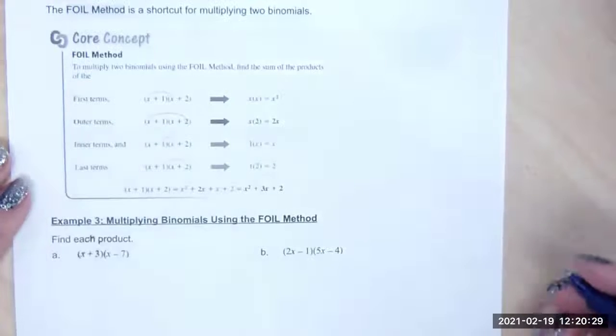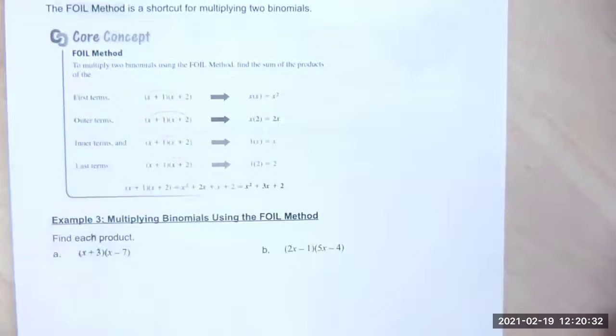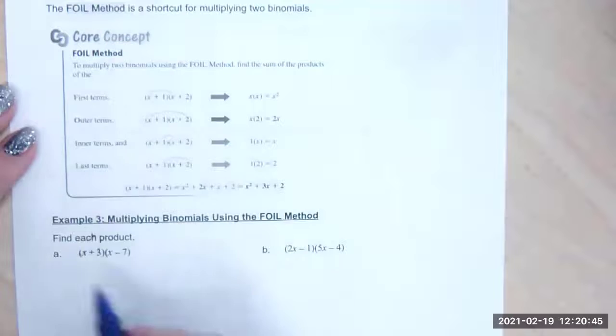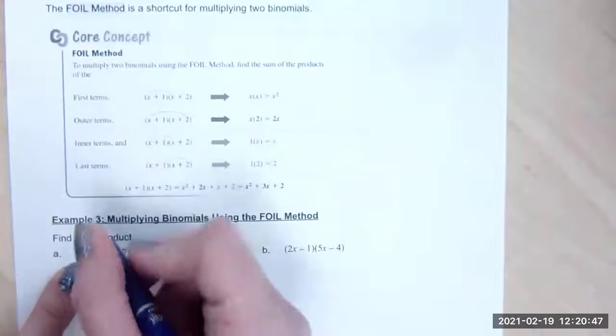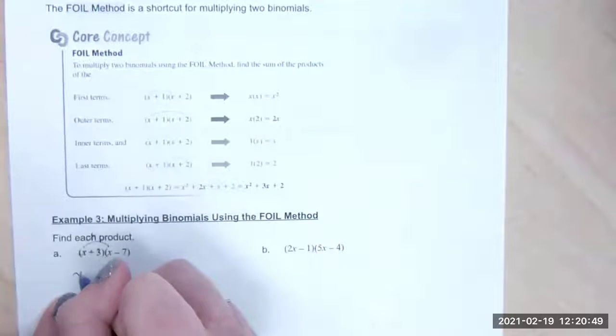So this next method is called the FOIL method. This is usually the one most people prefer. And what we're going to do is do first, outside, inside, last. And honestly, the order is kind of up to you. I'll show you how I do it. So what we're going to do is distribute: x times x is x squared.